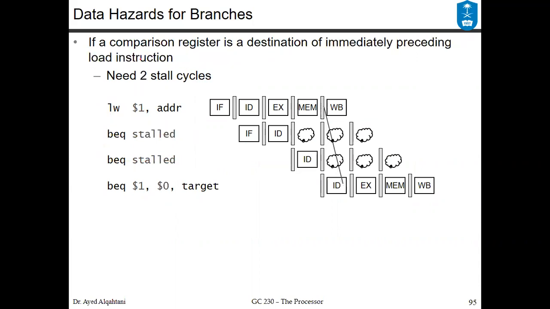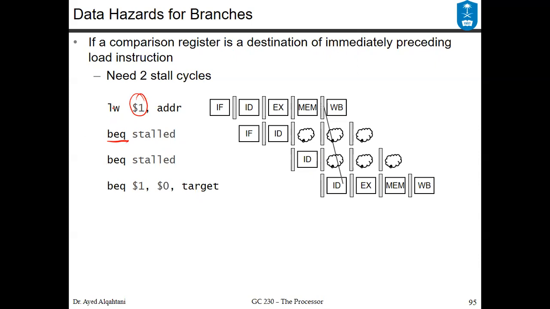Now, what happens if the comparison register is the destination of the immediately preceding load? So the branch originally was here. This was the branch, and one of the registers that you need to compare, which is 1, is written by the load instruction.